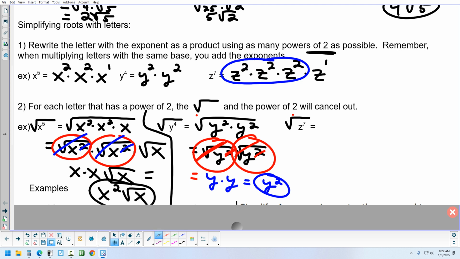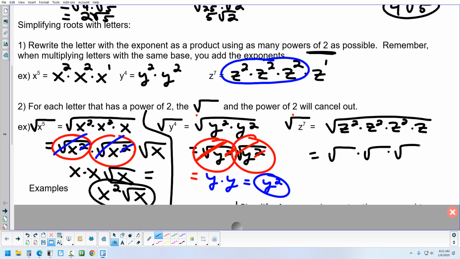All right, let's look at the third one, z to the 7th. We're going to first break it up, but we already did that up above: z to the 2nd, z to the 2nd, z to the 2nd, and a z. I usually skip this step, and I go right to writing it like this, because you're basically just copying it over, but you're breaking it into 4 rather than all together.